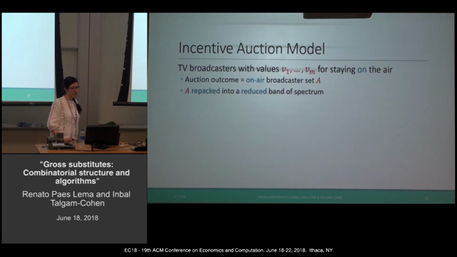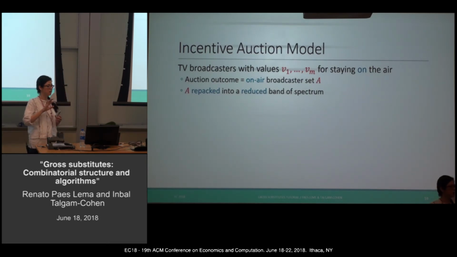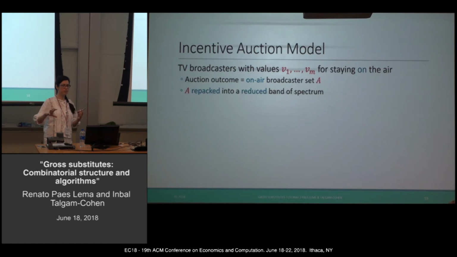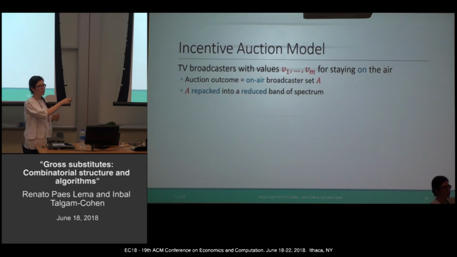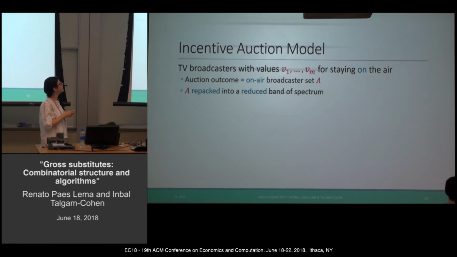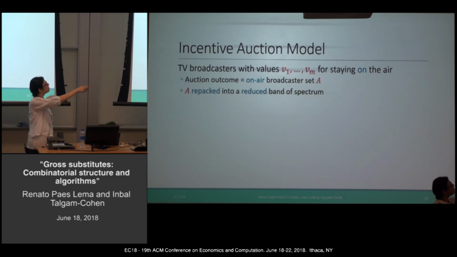In the incentive auction model, we have TV broadcasters, and each one of them has a value for staying on the air. But we want to clear up spectrum. So the outcome of the auction is going to be the set of broadcasters that we managed to get off the air, and the set of broadcasters that are staying on the air, which I'm going to denote by capital A, for air. Now we have to repack this set A into a reduced band of spectrum.